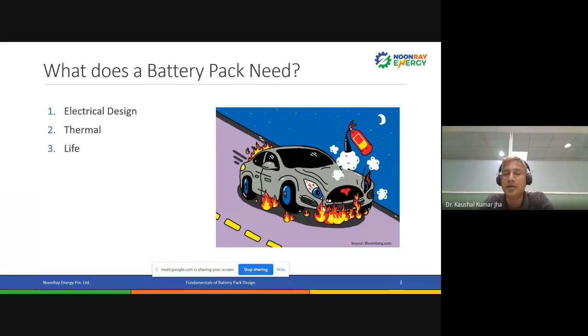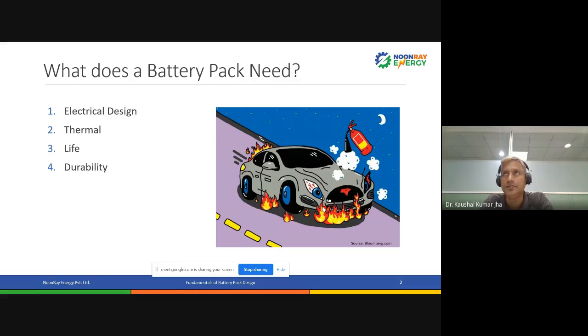But here it's an upfront cost. When you are buying a vehicle, you have to buy the battery also. That battery should give you a sufficient number of charge and discharge cycles, sufficient years to operate, and sufficient kilometers to operate, so that you can recover the cost. So life becomes very important.